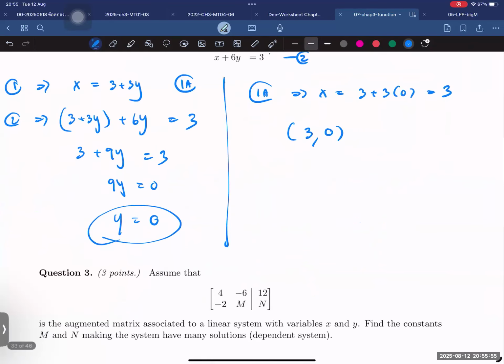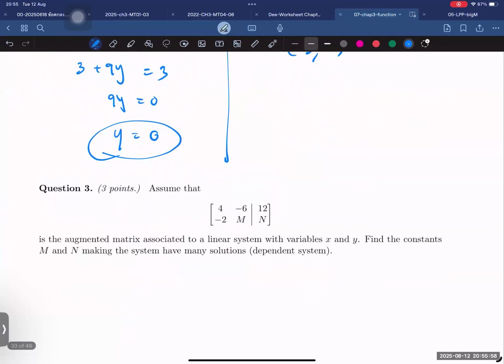Okay. Now, assume the augmented matrix in this form with the variable x. It means we have x and y multiplied by each coefficient here. Find the constants m and n that make the system have many solutions.